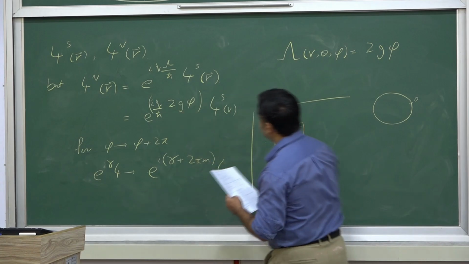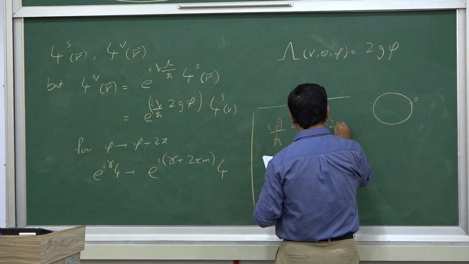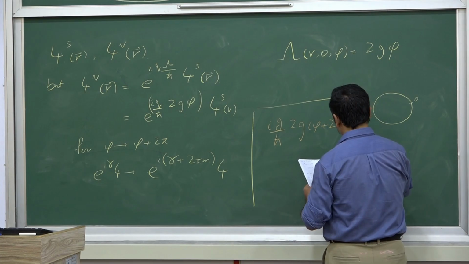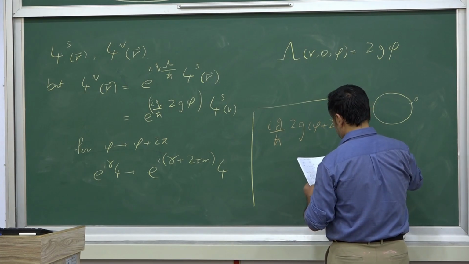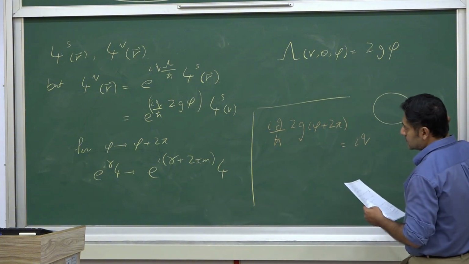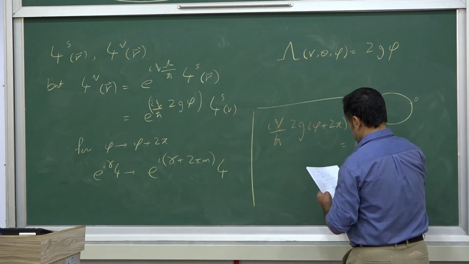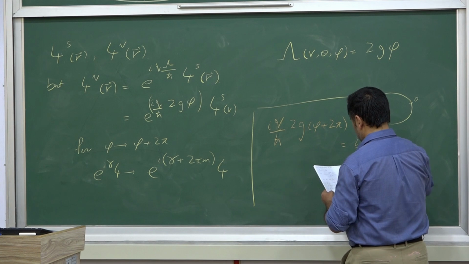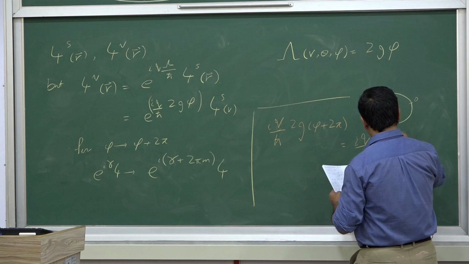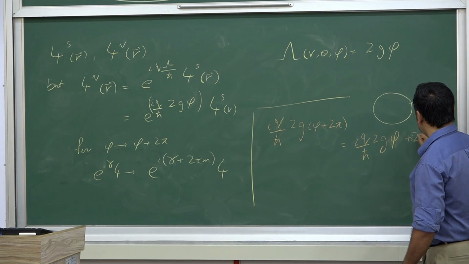I change phi by 2 pi. That must be equal to the original value plus i 2 m pi, with the q there.